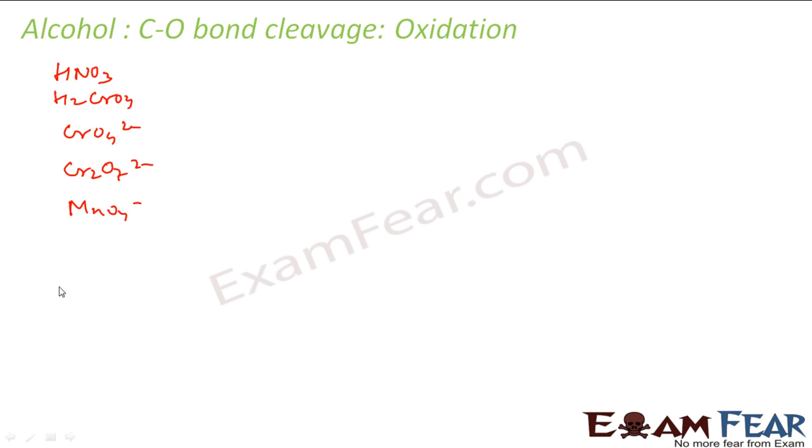Then I have pyridinium chlorochromate, PCC, and then I have pyridinium dichromate, PDC. Right? So there are so many oxidizing agents. These are all my strong and these are my weak. Correct? These are the common oxidants in the market which we use.